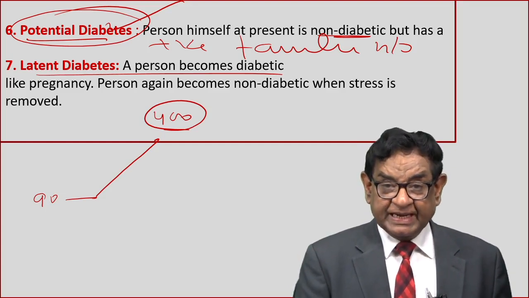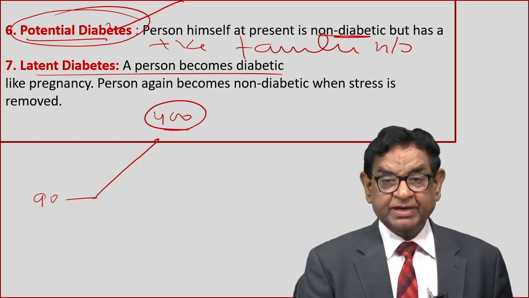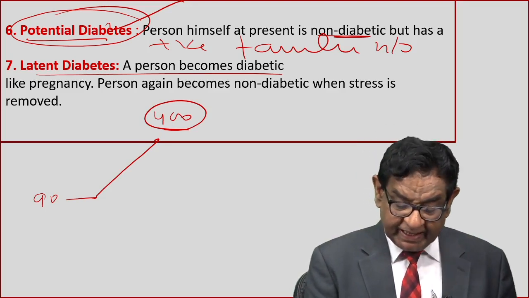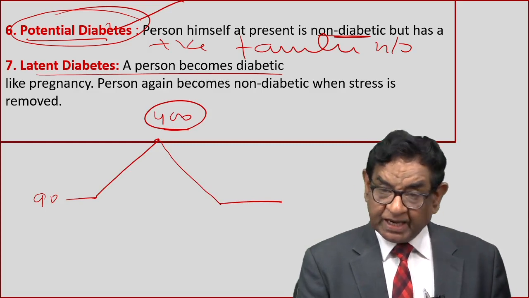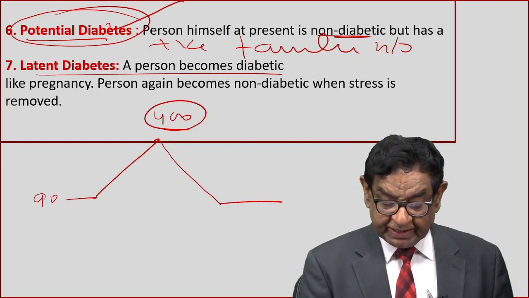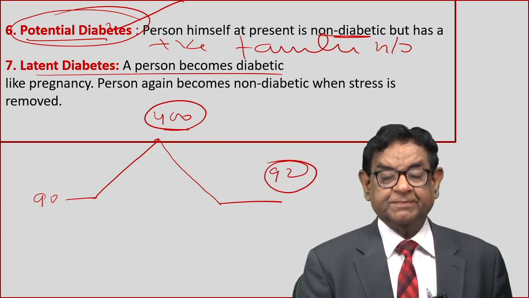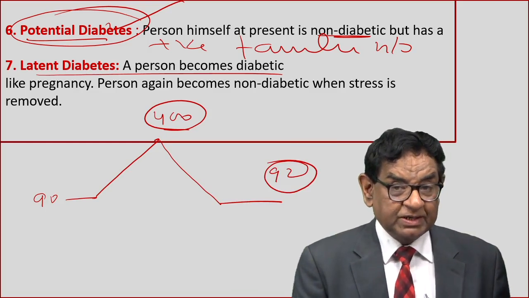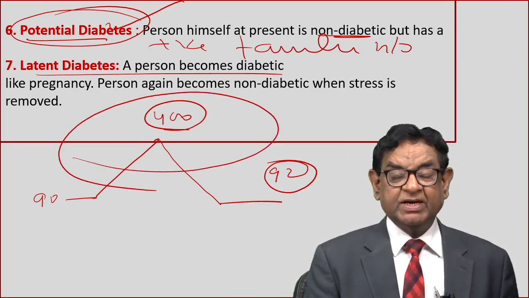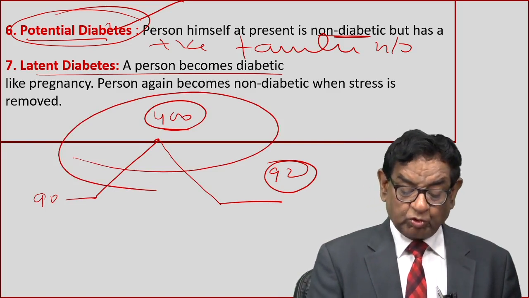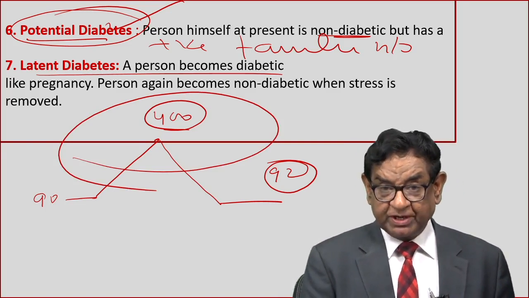Now as the patient is clinically stable, I gradually withdraw his steroid, and again he comes back to me after a few days after stopping steroids. Now I check his sugar and it is 92 mg%. It has come back to normal. So we can very well assume that he developed hyperglycemia when he was on steroid therapy. His body was under stress due to steroid induction.